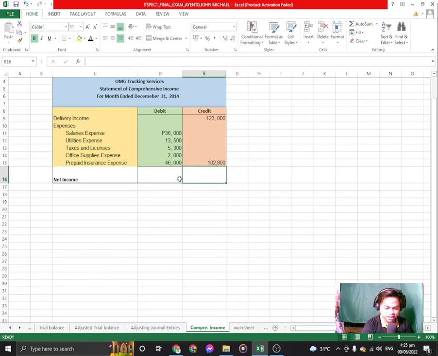I-calculate daw be para short: 123,000 minus 102,800. So na total siya og 20,200. Okay.